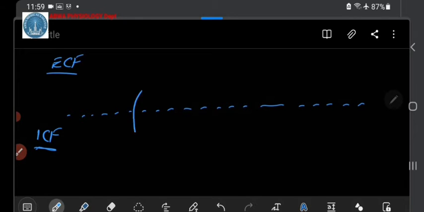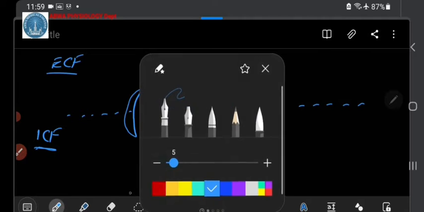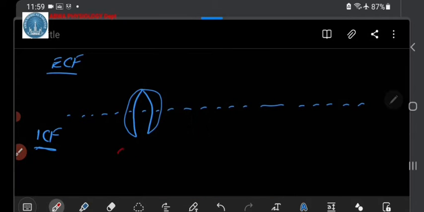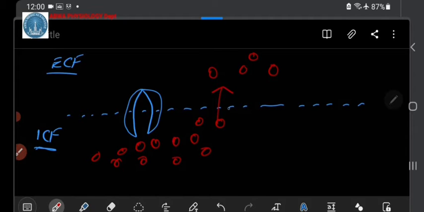So we draw this the same. We have these ions, any specific ions that have a concentration more inside the cell as compared to outside the cell. These molecules tend to move outward due to the concentration difference normally.